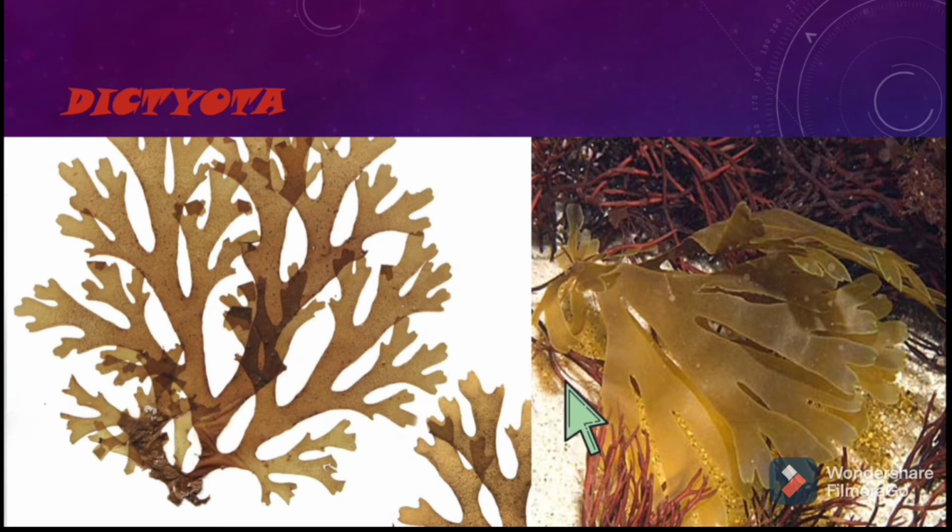These brown structures are the rhizoids which help in the attachment. The frond is actually composed of three layers of cells. So this can be seen in the case of Dictyota.